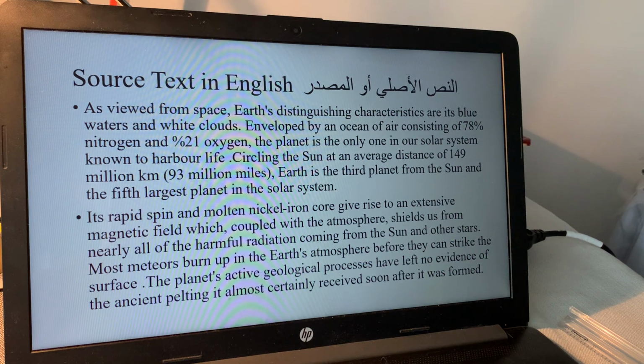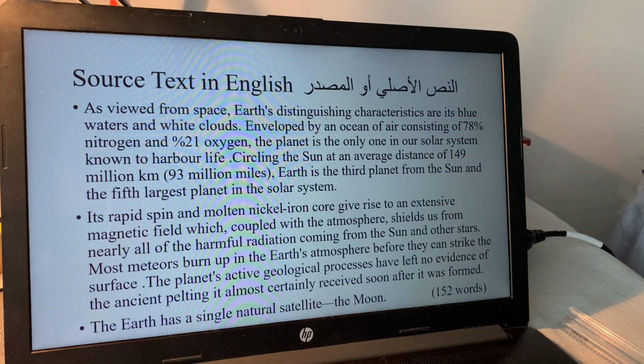The planet's active geological processes have left no evidence of ancient building. It almost certainly received soon after it was formed, and finally the Earth has a single natural satellite, the Moon. This is the source text, okay, which is 152 words.